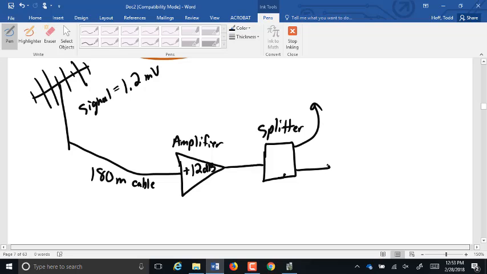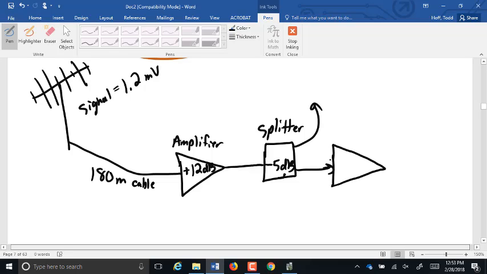Part of the signal goes one way, part of the signal goes to where we're going with it. This splitter, you guys have gone through splitters, there's always one low transmission and one high transmission. The one that we're using here is, let's just go with a 5 dB loss. So negative 5 dB.